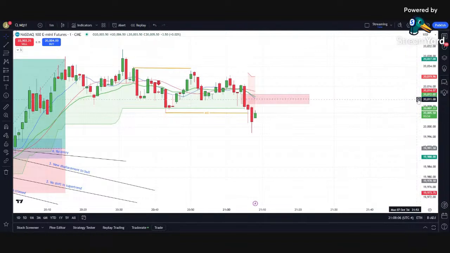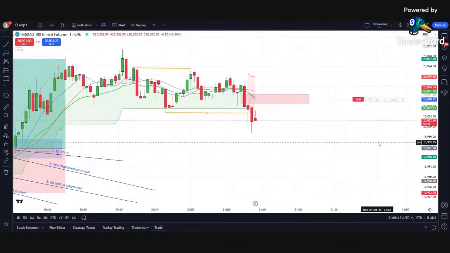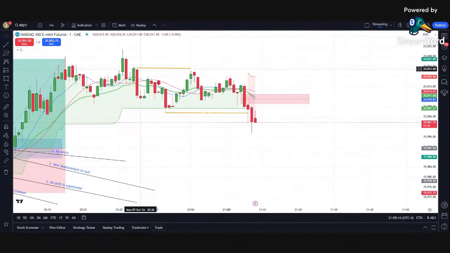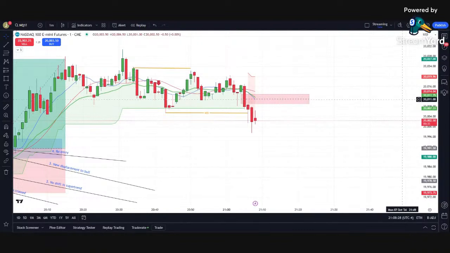Let's sell. No, I don't like to sell three. I'm risking a lot. Let's see, two. Oh no, we are not greedy. This account is just for educational purposes only.